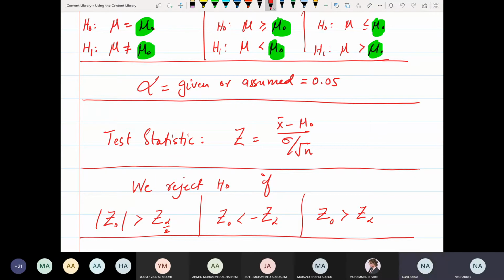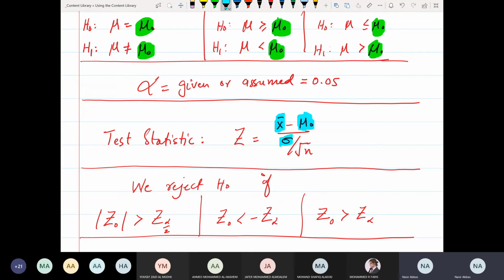The information we need from the question is regarding X bar. We need X bar from the question. It will be given somehow. Either X bar will be given directly, or the sample will be given and you will be supposed to calculate the mean from the sample. We need to see from the question what is the value of mu that we want to test. That will be given in the question somehow.